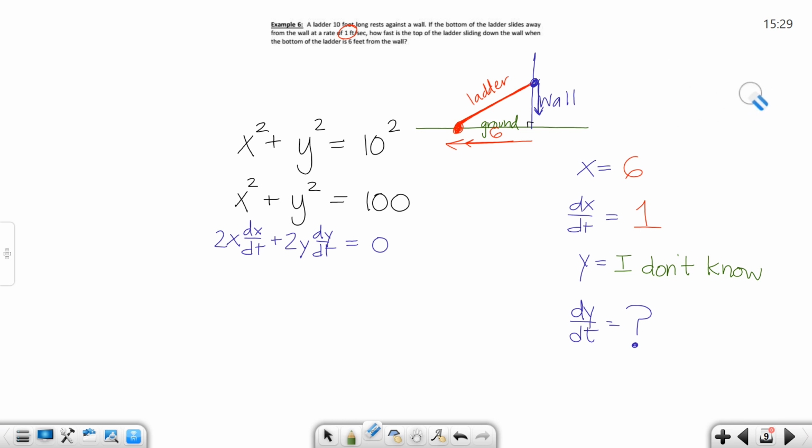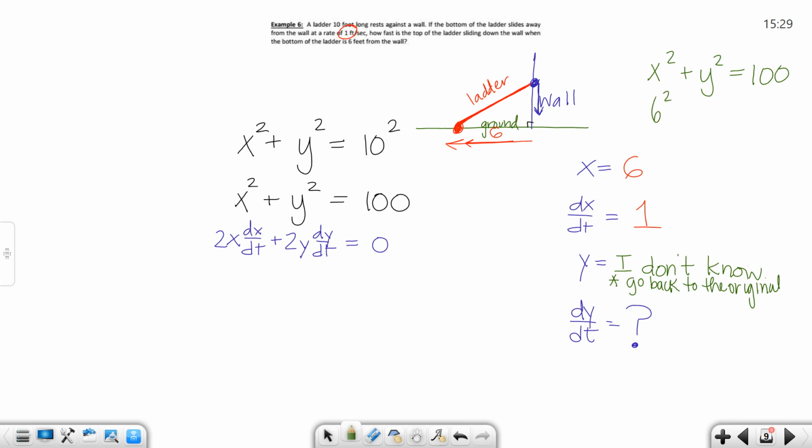that if you're looking for something that's not the derivative, go back to the original function. Your original function here was x squared plus y squared equals 100. So to find y, go back to the original. x is 6.